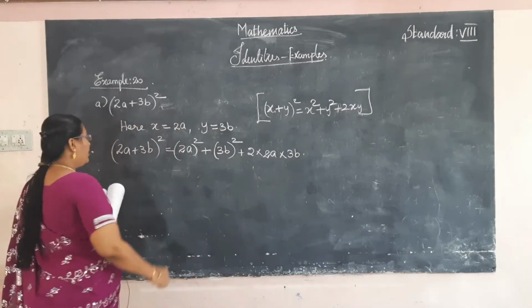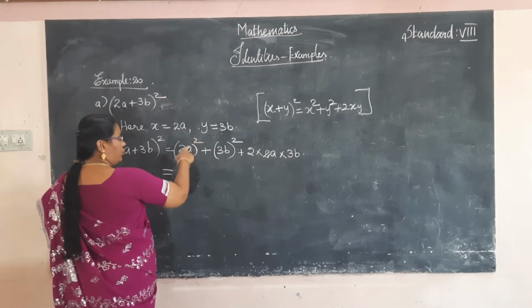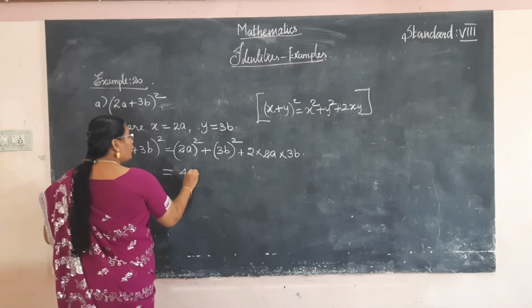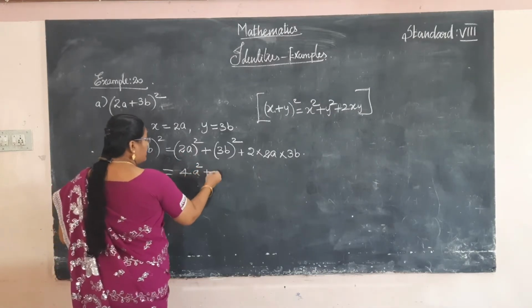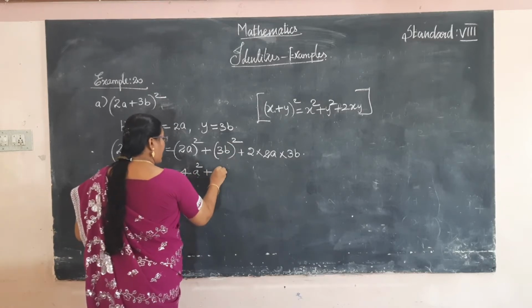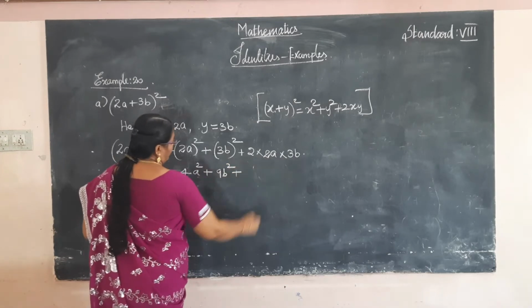Okay, now multiply. What is the value of 2 power 2? 4. A square. So the answer for 2A the whole square is 4A square plus 3 squared B square, so 9B square plus, multiply the terms.